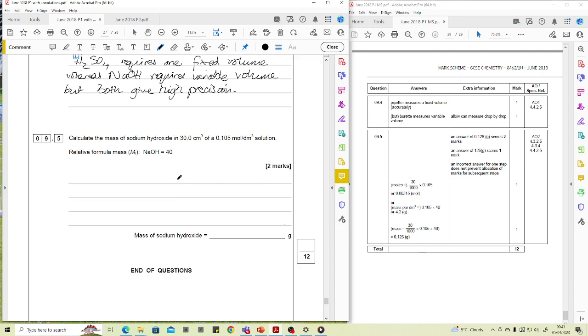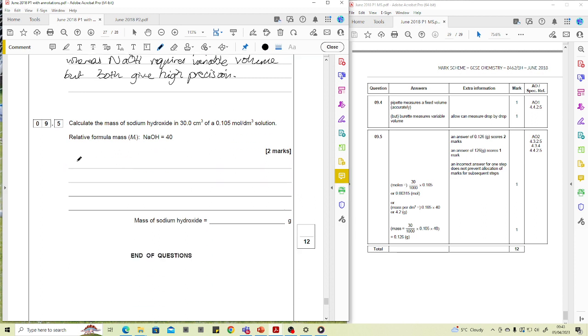Okay, and finally our mass of sodium hydroxide. So this is just a conversion of our mass to moles to mass, so we can find out the number of moles and then change it to mass. So moles present equals C times V. You don't have to put that in. 0.105 times 0.030, because we've got to convert that to decimeter cubed.